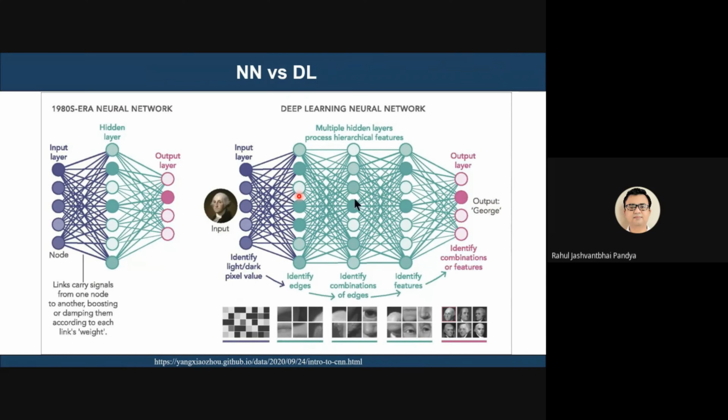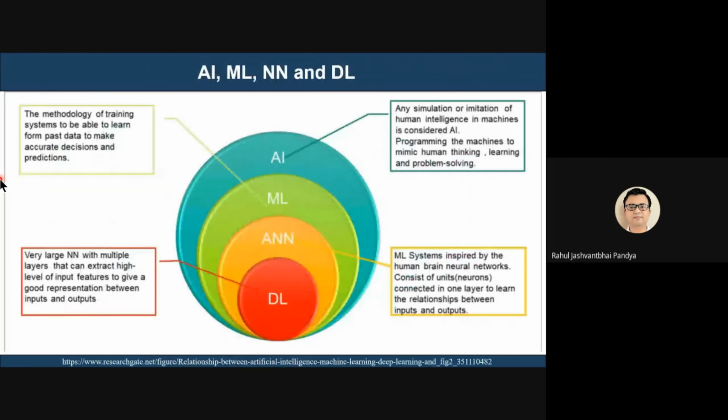That's the major difference. So here the number of layers is more in deep learning compared to the NN, right? That's my major difference between neural networks and deep learning.